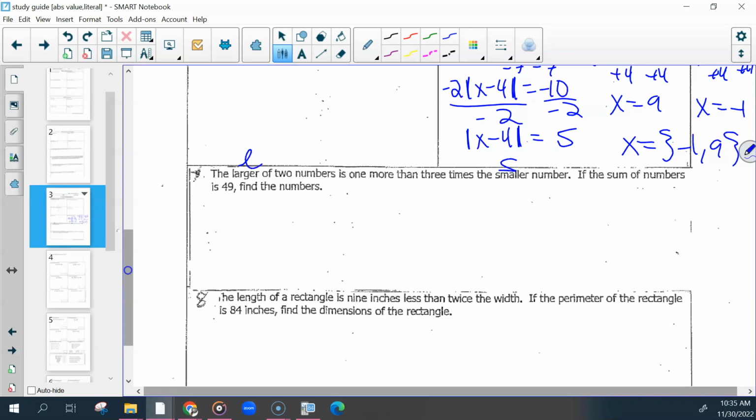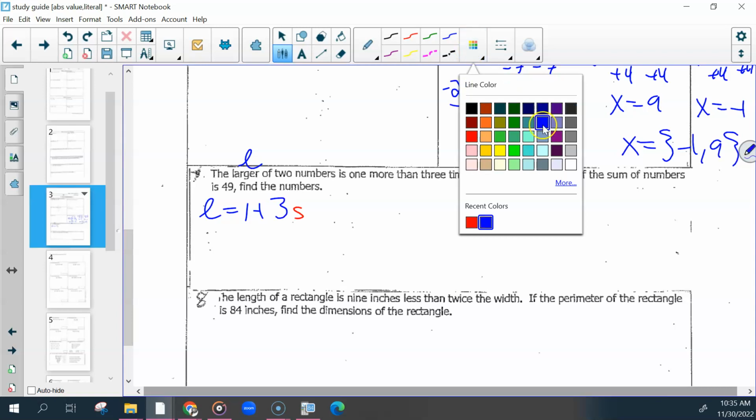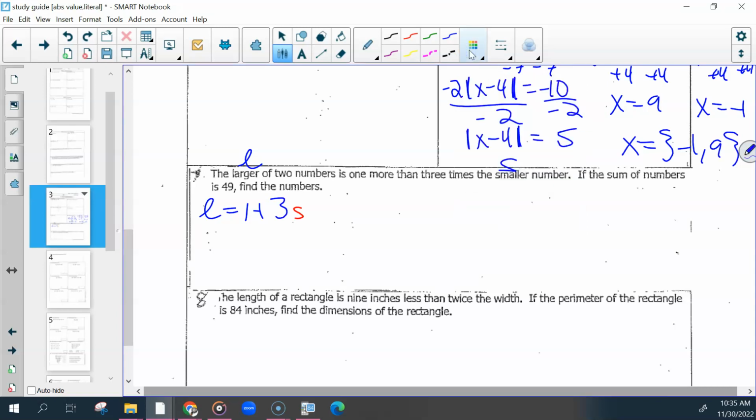This is specifically talking about the larger, so that's going to be L equals 1 more than 3 times the smaller number, so 1 plus 3S. We need to find the sum of the numbers. The sum of the numbers is 49. So if we were to add L plus S, we would get 49.